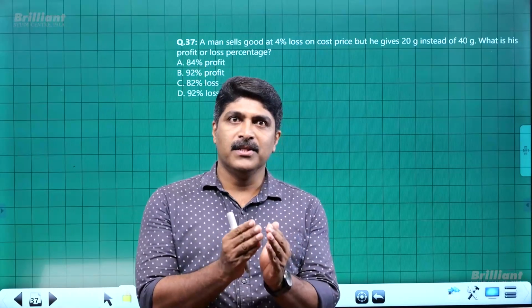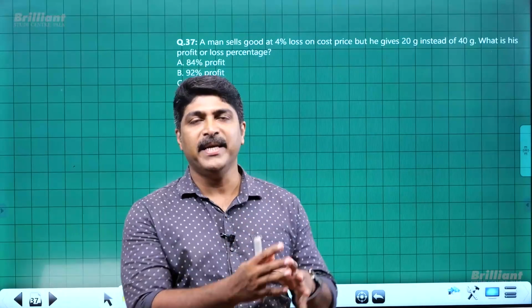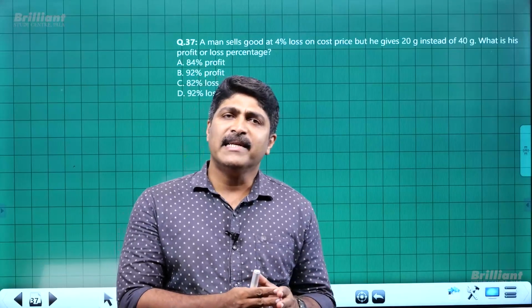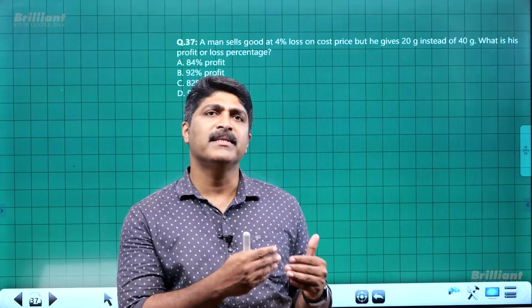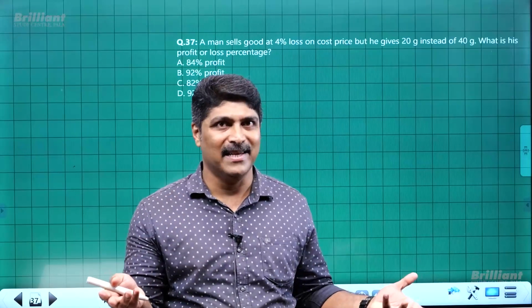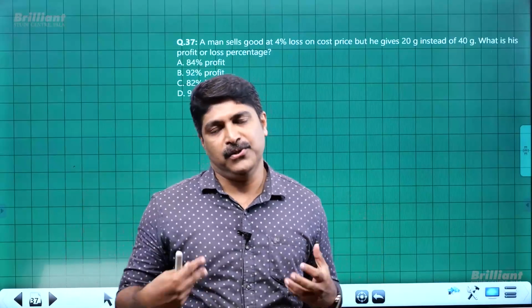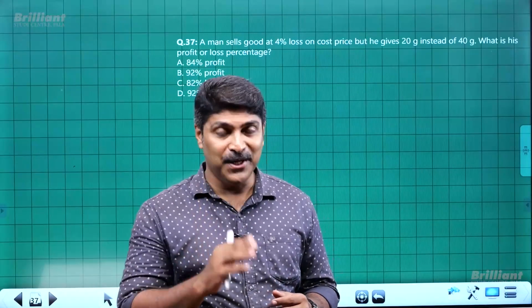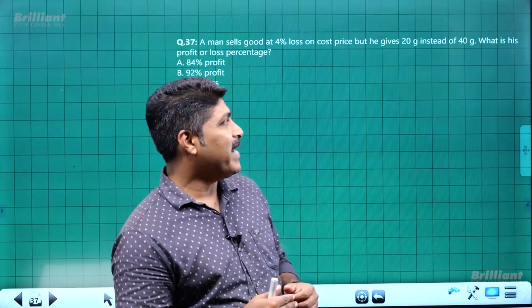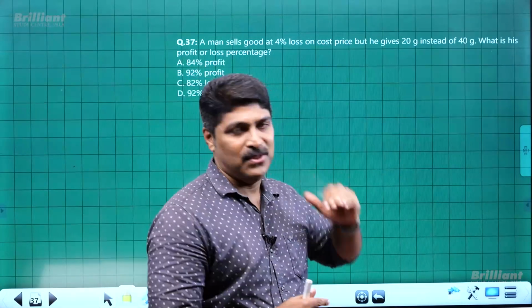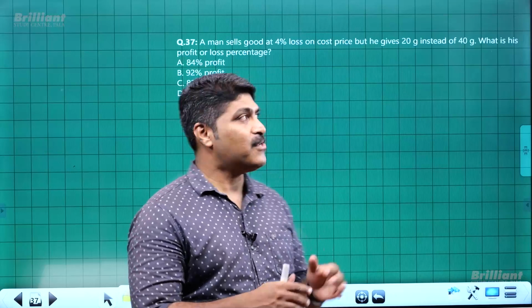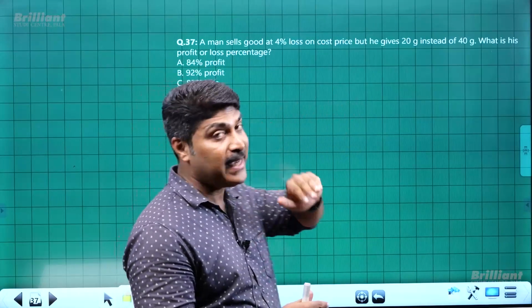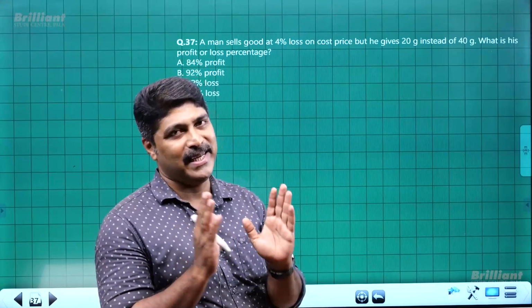Suppose the product costs 100 rupees in the wholesale market, and he is pretending that he is offering 4% discount on cost price because he is suffering such a loss. But what he is actually doing is malpractice with regard to weight. So instead of giving 40 gram, he is simply giving 20 gram.